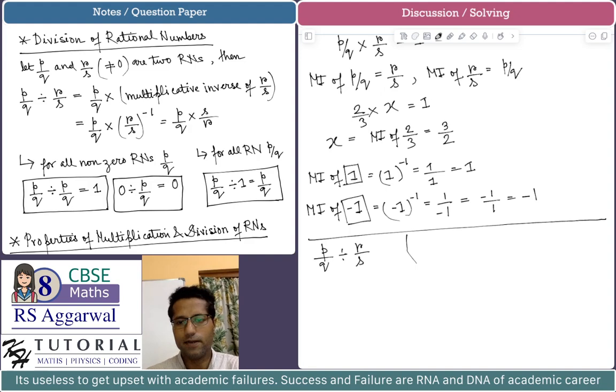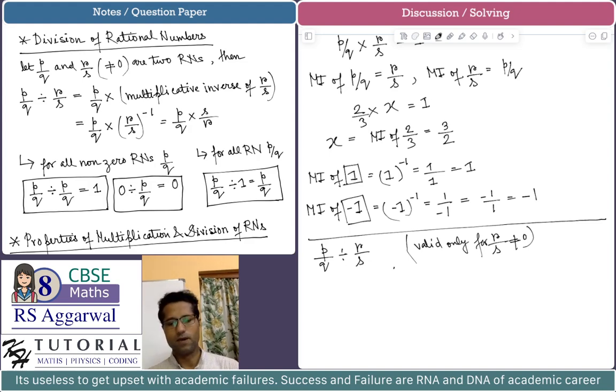This is only valid for r by s not equal to 0, that is, r by s has to be a non-zero rational number. In mathematics we never divide by 0. So here also the rational number by which we are dividing, which is r by s, should not be equal to 0.